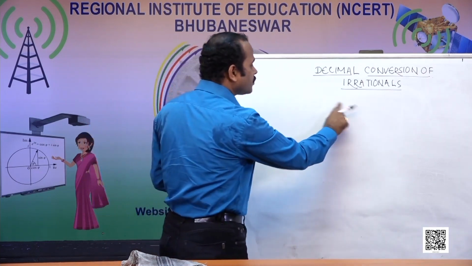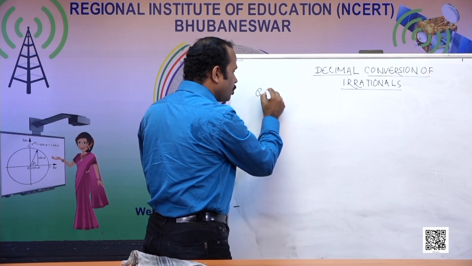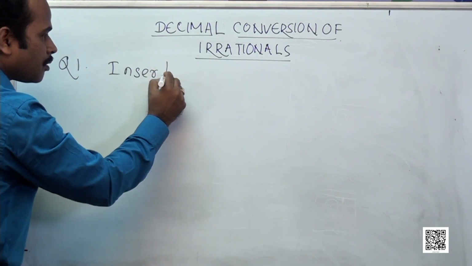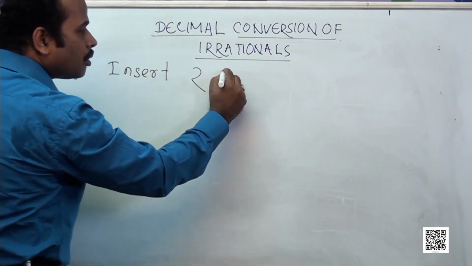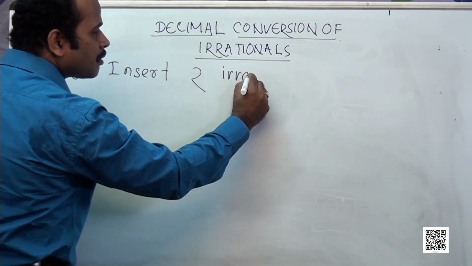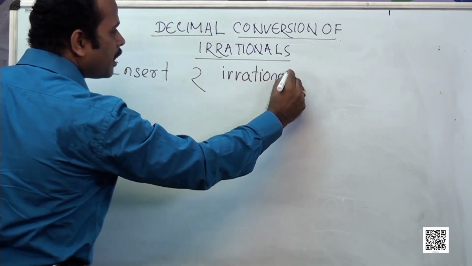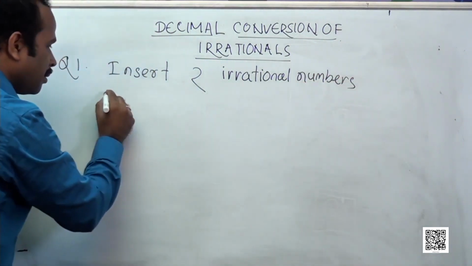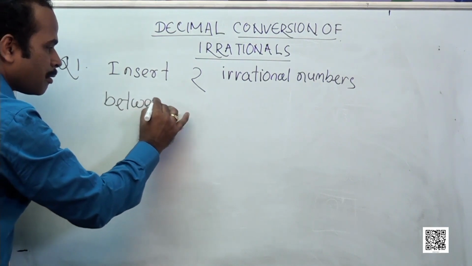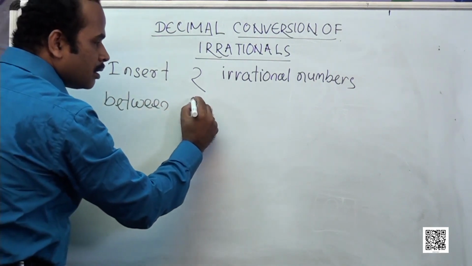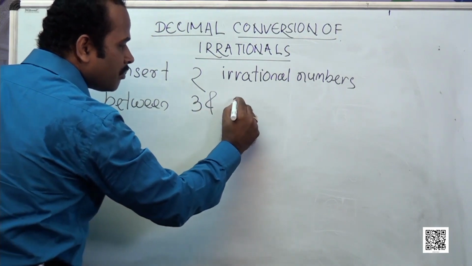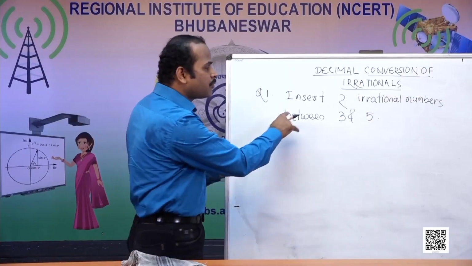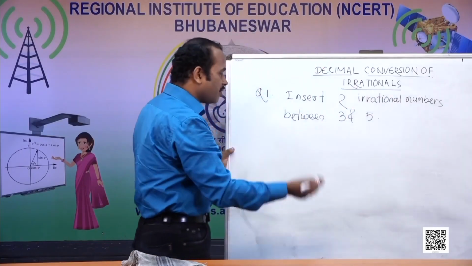For example, one question is given: insert two irrational numbers between 3 and 5. Suppose this 3 and 5, these are rational numbers. And we have to find two irrational numbers between this 3 and 5. Very easily we can find.